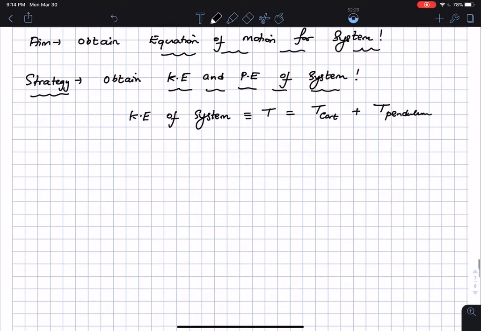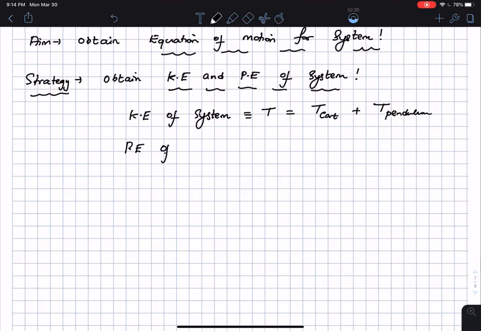Likewise, the potential energy of the system, which is capital V, is V of the cart plus V of the pendulum. We are going to be using the subscripts little c and little p.